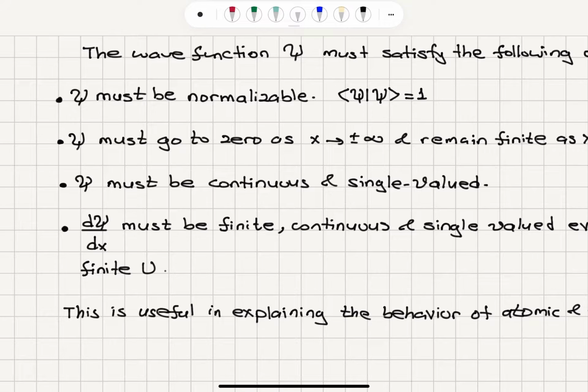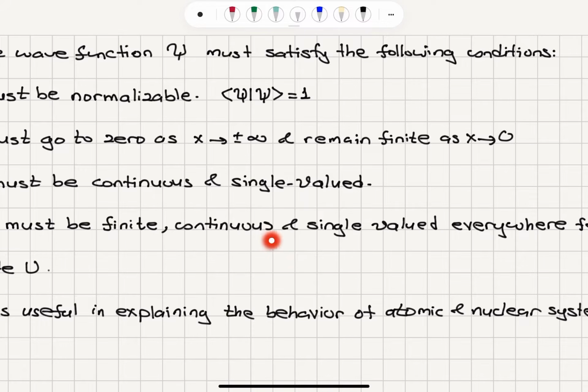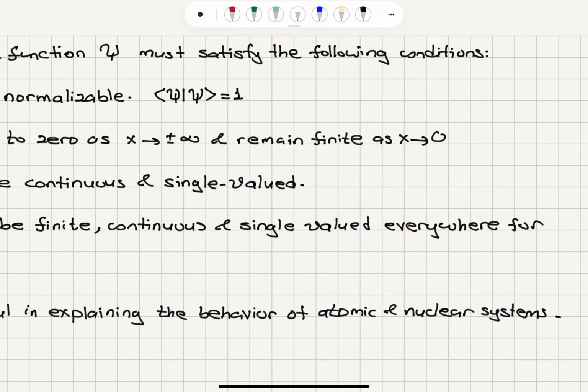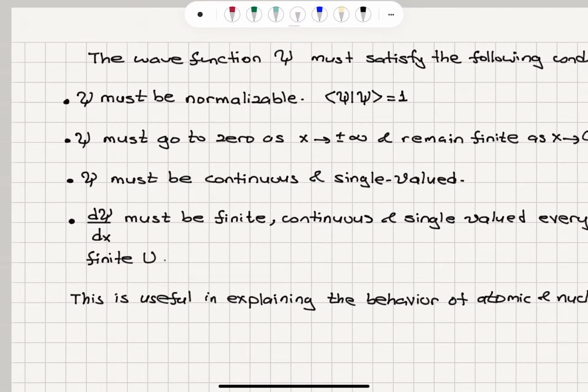The derivative of psi must be finite, continuous, and single valued everywhere for finite potential energy. So the derivative of the wave function is also finite, continuous, and single valued if the potential energy is finite.